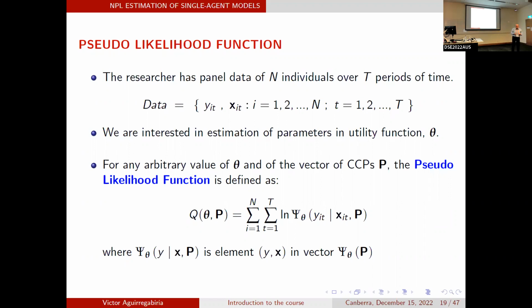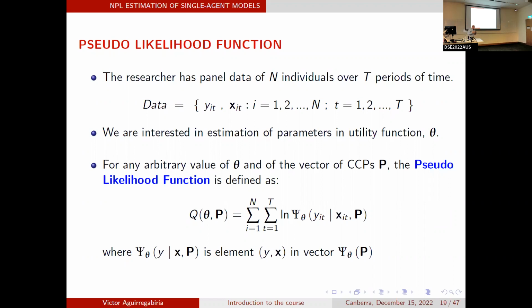Then we construct a likelihood function that says the likelihood function is the prediction of our model about the probability that the agent takes a particular action, the action that we observe in the data, given the state and given our two sets of structural parameters, the ones in the payoff functions and the ones in the beliefs.